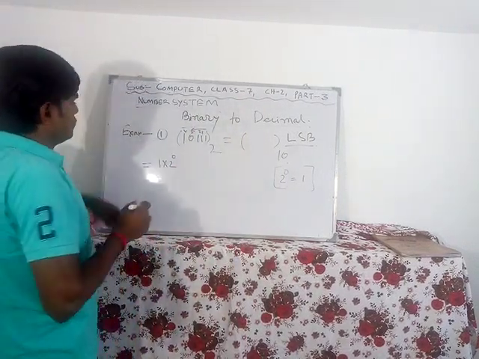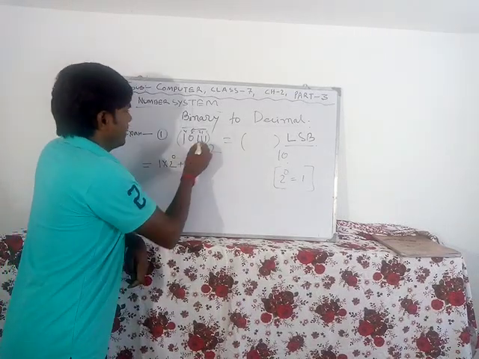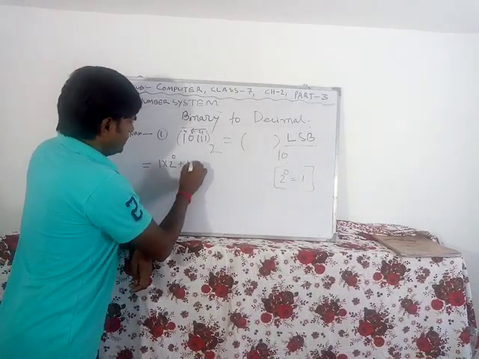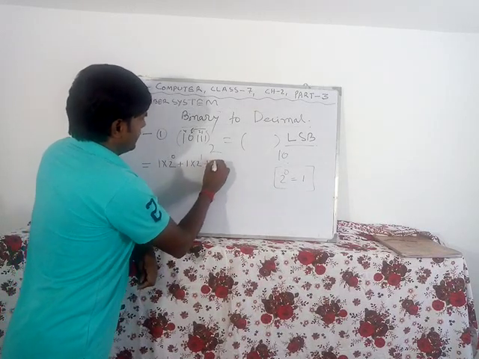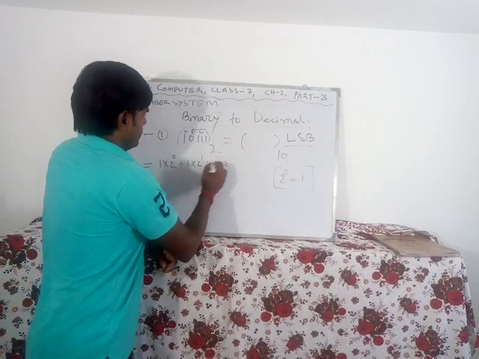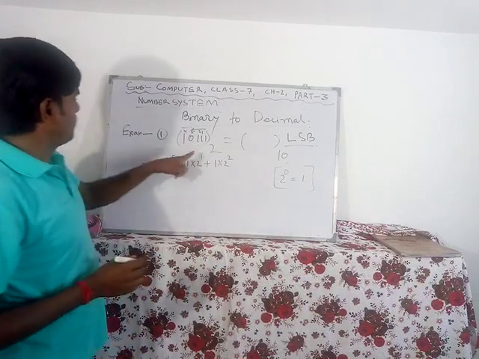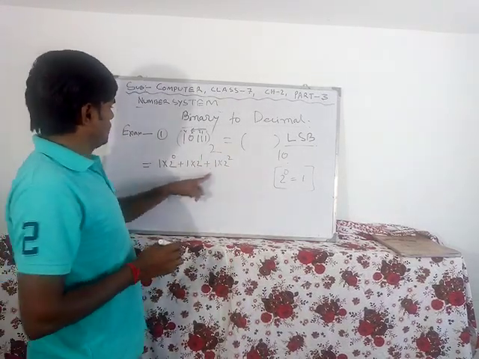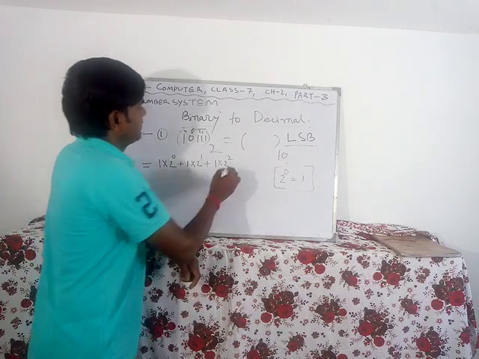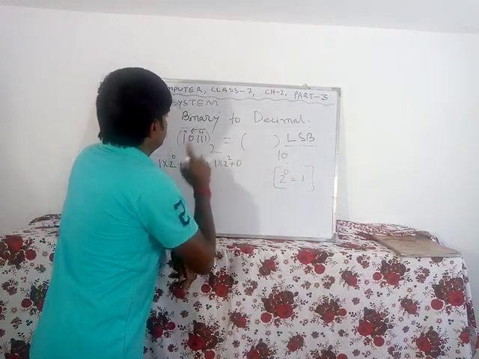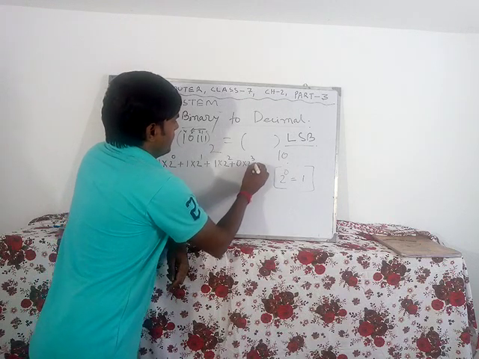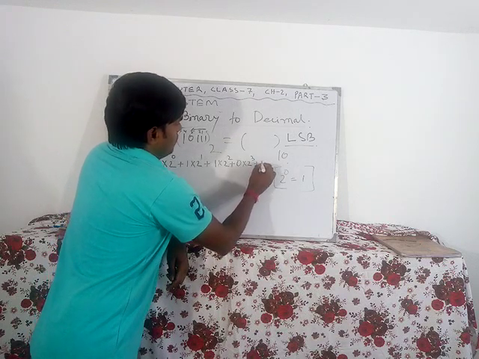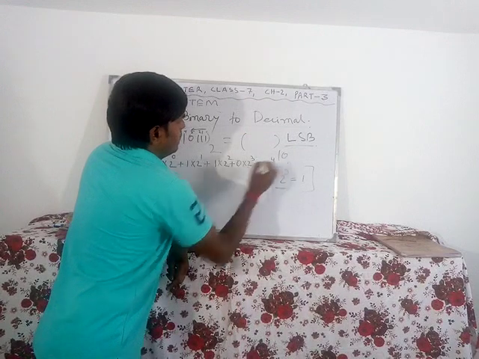So basically, 1 into 2 power 0 plus 1 into 2 power 1 plus 1 into 2 power 2 plus 0 into 2 power 3 plus 1 into 2 power 4.